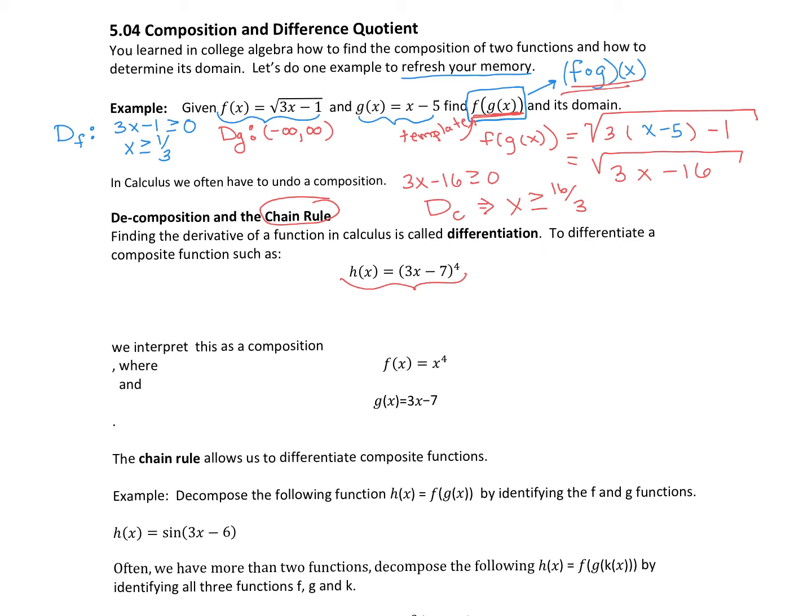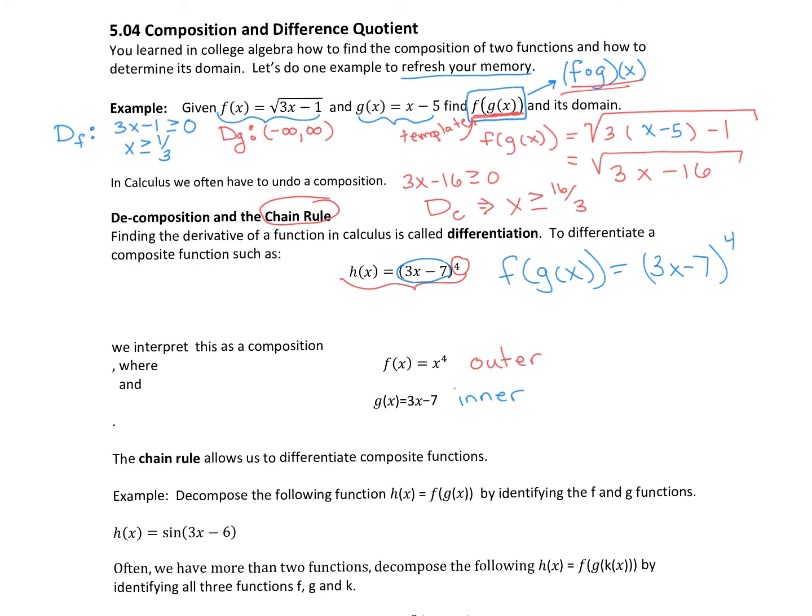So if I interpret h of x as a composition in this case, I might think of my outer function as f of x equals x to the 4th, and the inner function being 3x minus 7. So if I wrote f of g of x, I would get (3x minus 7) to the 4th.